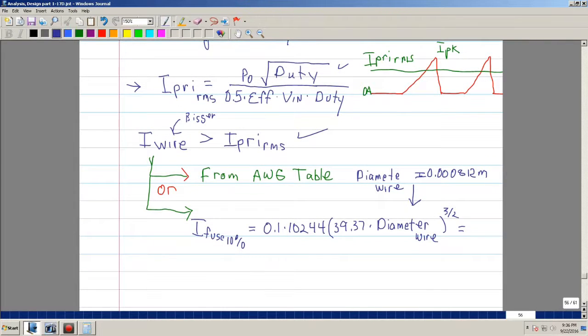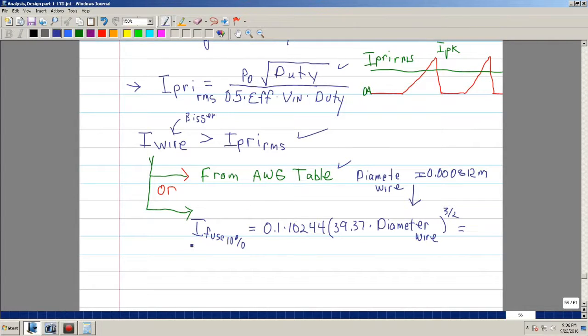And how do you know the current carrying capability of the wire? Well, you can look it up in a table. You can search it on Google, and there are a lot of tables where you can look at the gauge and it tells you the current.